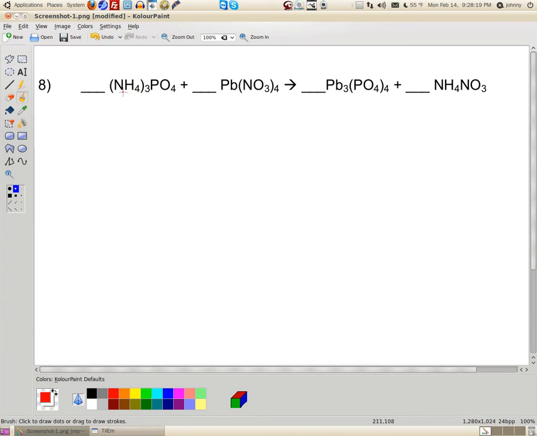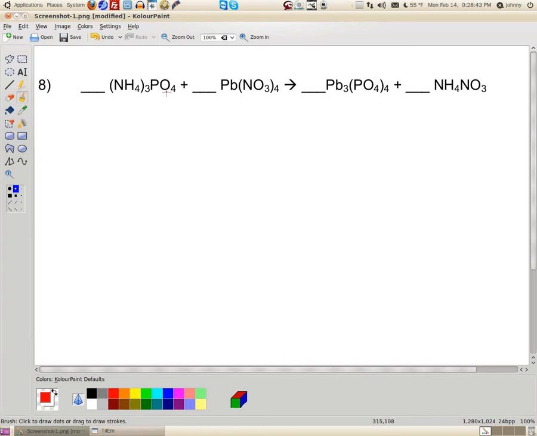Okay. Here I see 3 nitrogens. I also see 12 hydrogens. But I also see 3 NH4s. Depending upon what kind of problem you're dealing with, you can do it that way. So I'll make sure that if I see NH4 here on the left, I look on the right and make sure I see NH4 as well, and I do.